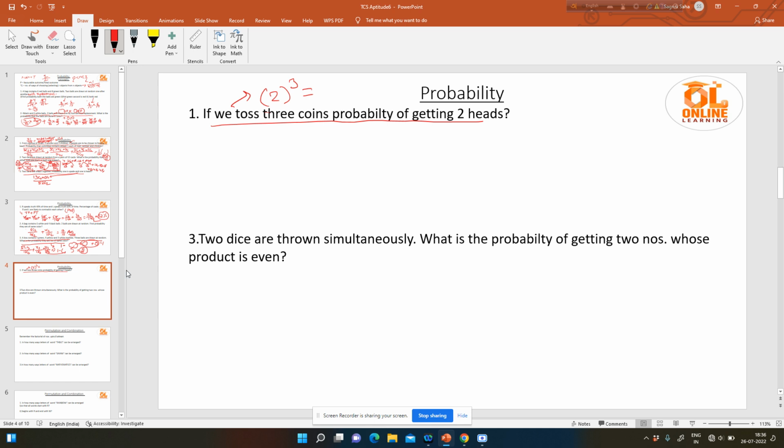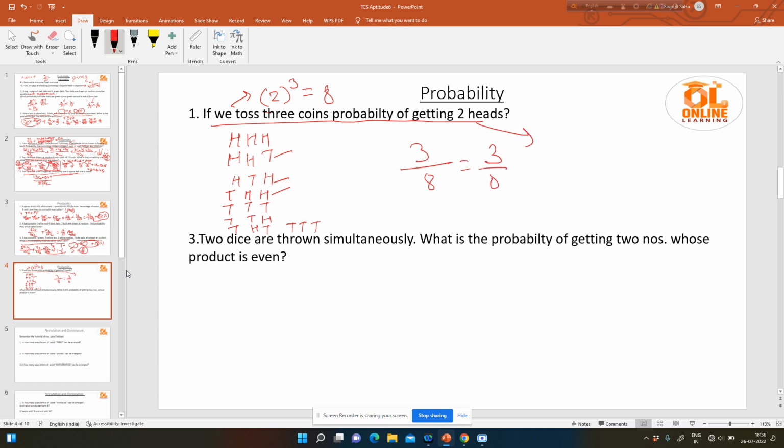So the total outcomes are 8. It could be head head head, head head tail, head tail head, tail head head, tail tail tail, tail tail head, tail head tail. So in total there are eight. In how many do we get two heads? One, two, and three. So the answer would be 3 by 8.